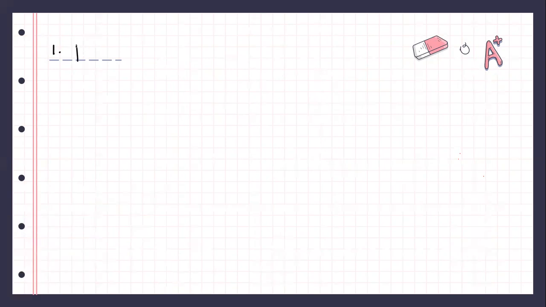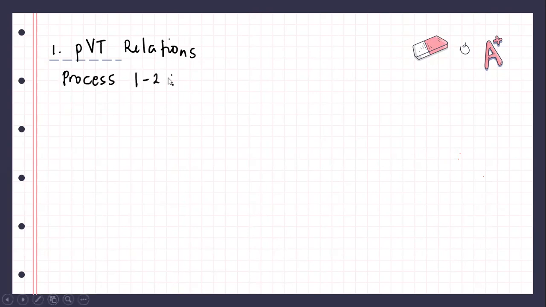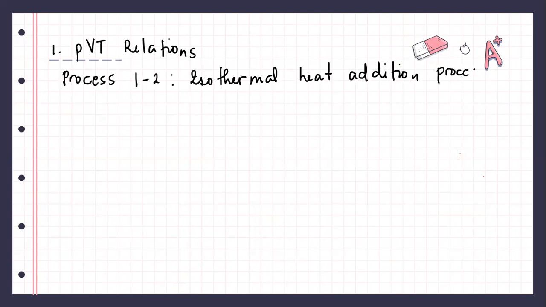Under the PVT relations, okay, process 1 to 2, isothermal heat addition process, temperature is constant.